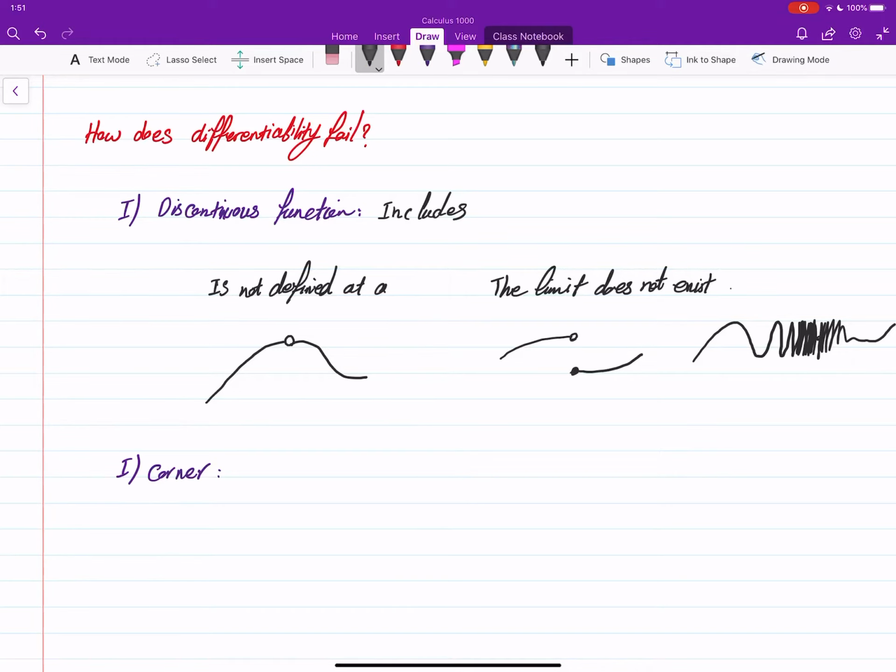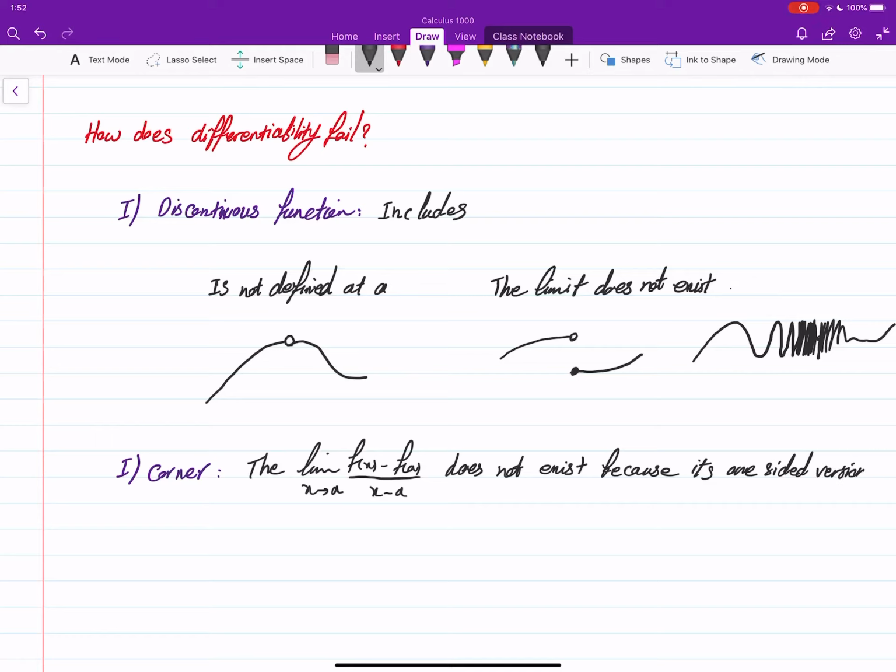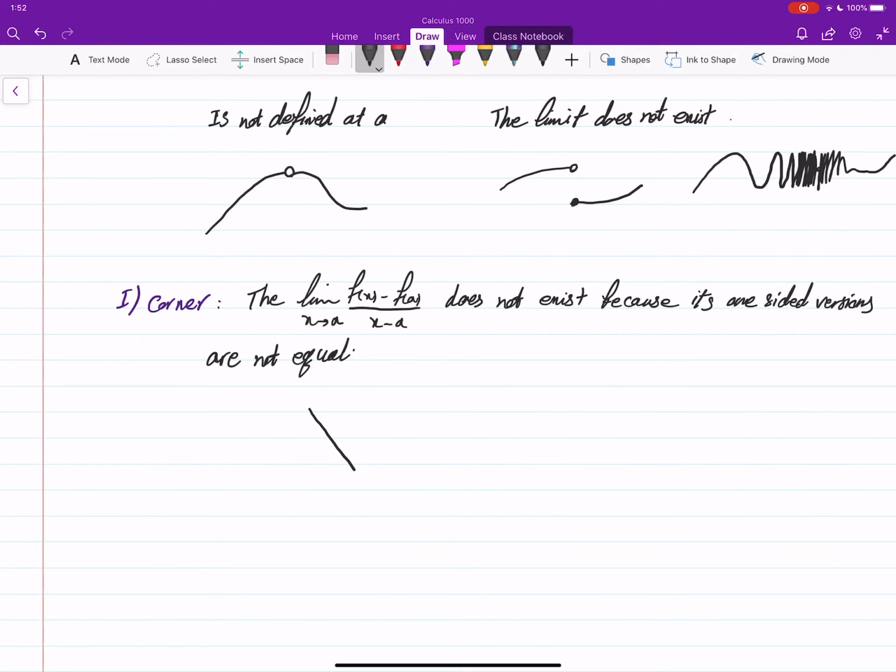The limit in these cases, the limit of f of x minus f of a over x minus a as x approaches a, does not exist because its one-sided versions are not equal.